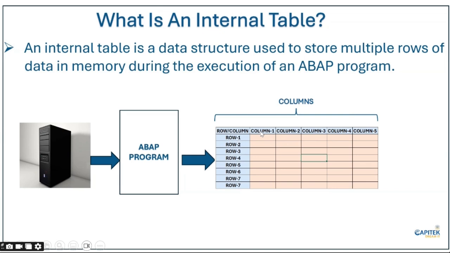The horizontally aligned data we call columns, and the vertically aligned data we call rows. Altogether, we call this an internal table. What I mean to say is that this internal table will exist in the ABAP program, especially in the runtime environment. It will be available only in the runtime environment.